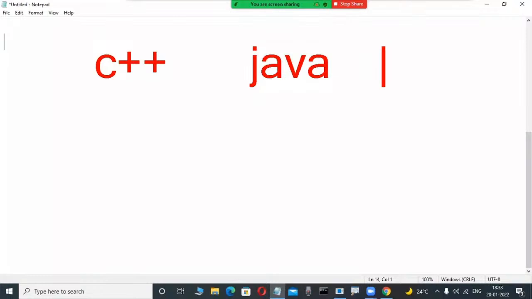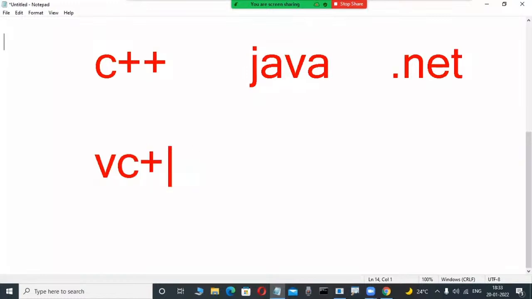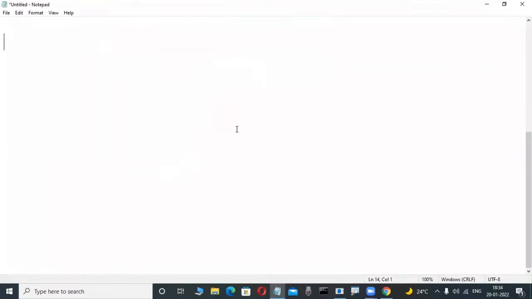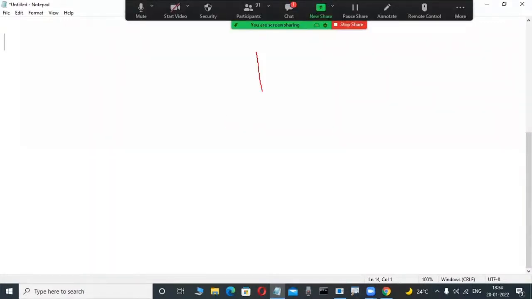C# .NET is an object-oriented language. VC++ is an object-oriented language. Today I'm taking two languages as an example. Through them, with similar concepts, we will observe whether these SQLs are different or the same.